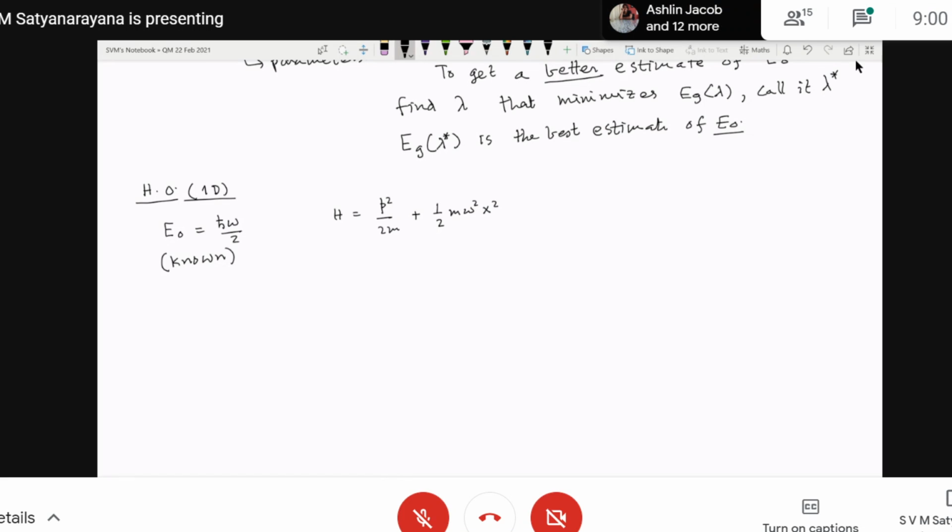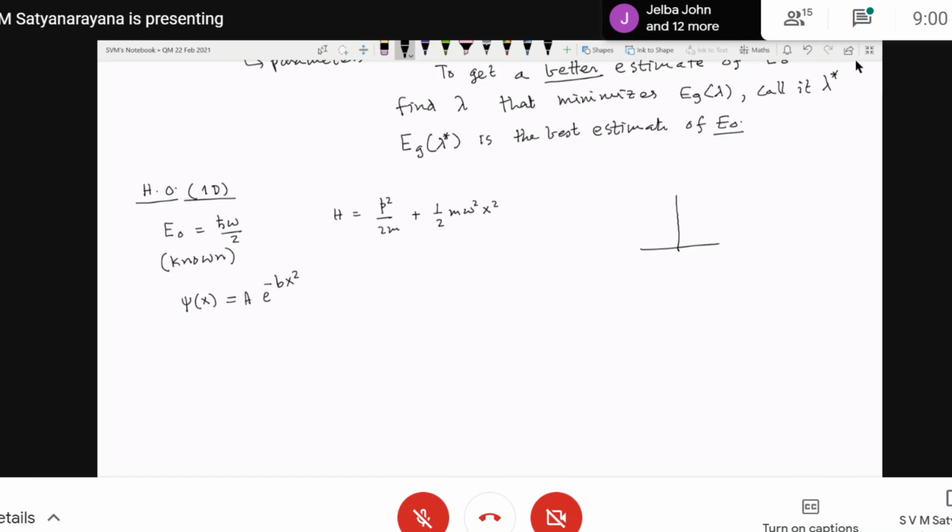Now I'm going to make a guess of my wave function. I will say that psi of x is equal to some A into e to the power minus b x square. Now, how do I make this guess? This is where some intuition will help.